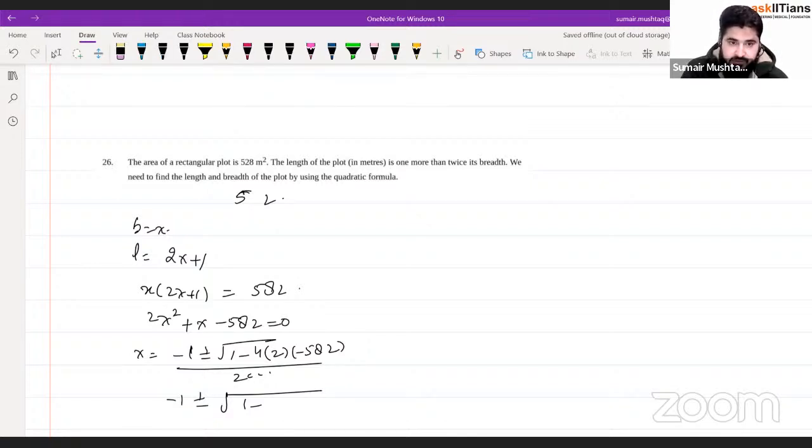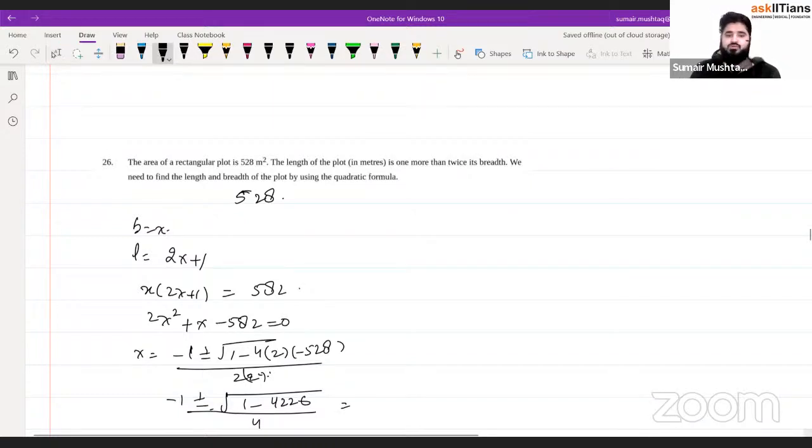How much is it? It is 528, sorry, I took it wrong. So the value under the root will be 4225, divided by 2 into 2, that is 4.